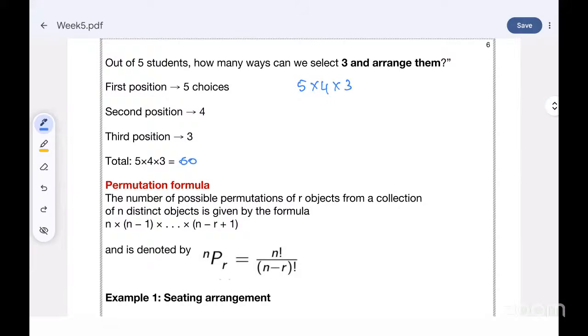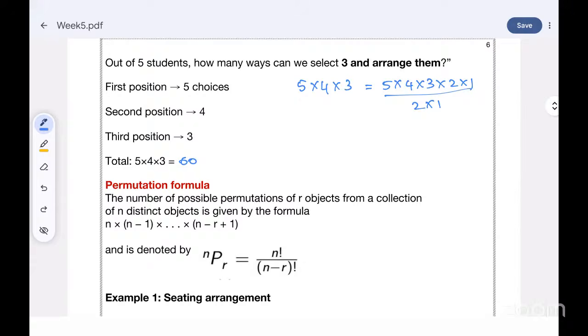Right? So in 5 factorial, you have 5 into 4 into 3 into 2 into 1. This is missing here. So how can I write this? Just divide by 2 into 1. So it is same as this. Right? So when I am writing it as a formula, I am writing it like this so that it is easier to write it as a formula.